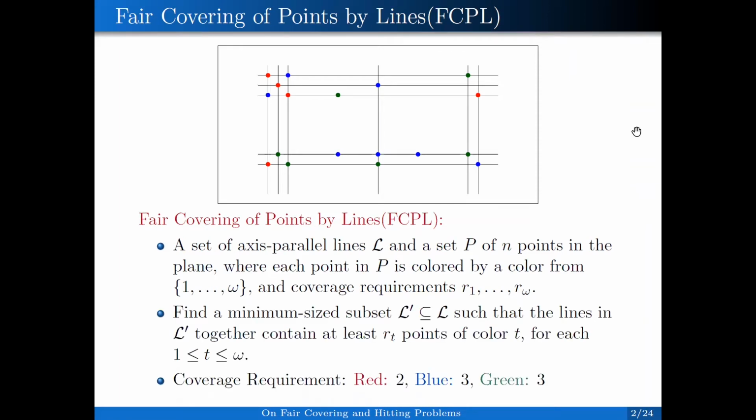And the goal is to find a minimum sized subset of the axis parallel lines such that these lines cover at least Ri points for each color i. In our example, if the coverage requirements are 2 for red, 3 for blue, and 3 for green, then we can just pick 3 lines and satisfy these coverage requirements.